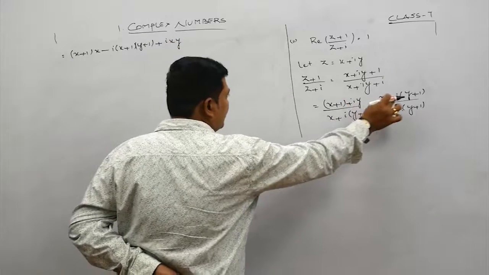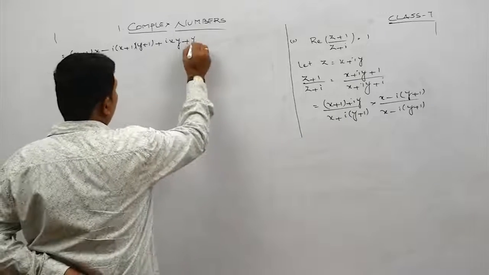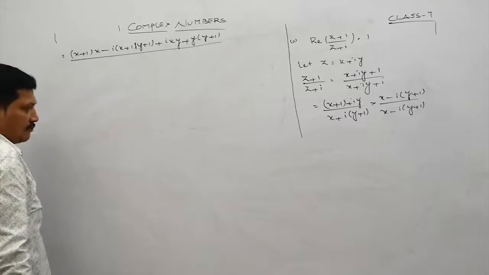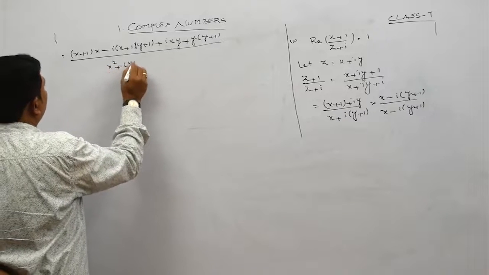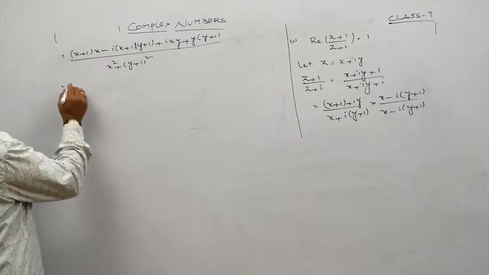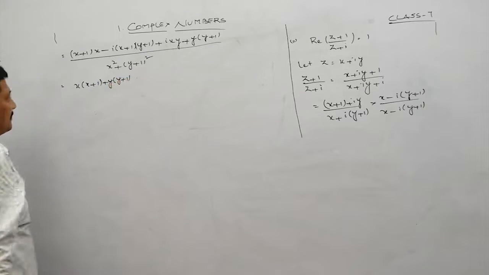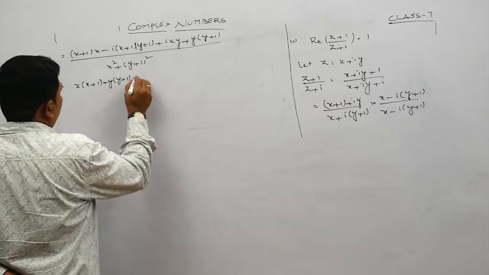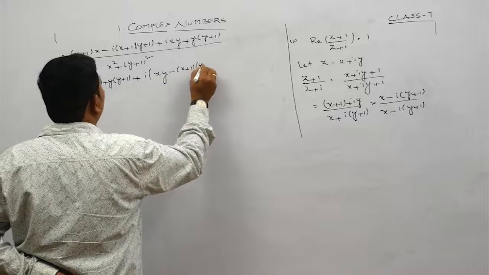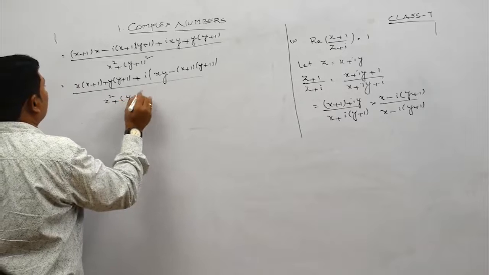Here most importantly, i into i square, so minus into minus is plus, y into (y plus 1), by x plus iy into x minus iy, which is x square plus (y plus 1) whole square. Separating the real parts, this is equal to [x into (x plus 1) plus y into (y plus 1)] plus i times [xy minus (x plus 1) into (y plus 1)], divided by x square plus (y plus 1) whole square.